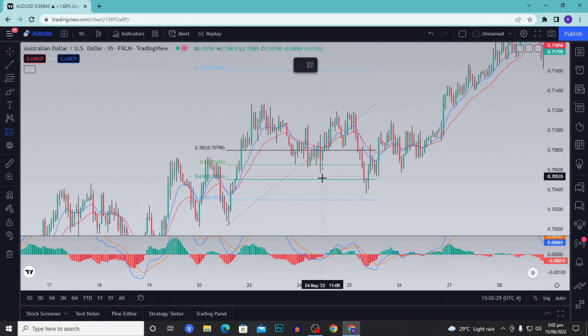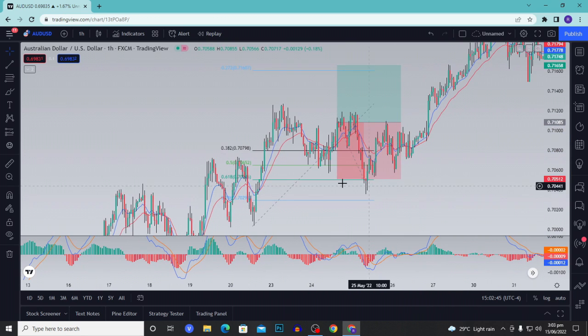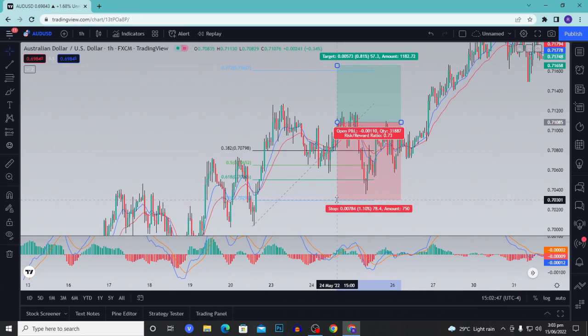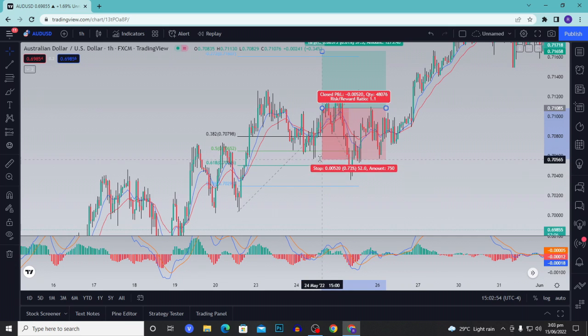Okay, sorry about that. So our entry would have been right here, once the blue EMA is above the red EMA and the MACD line crosses above the 0, and our stop loss being either at these.